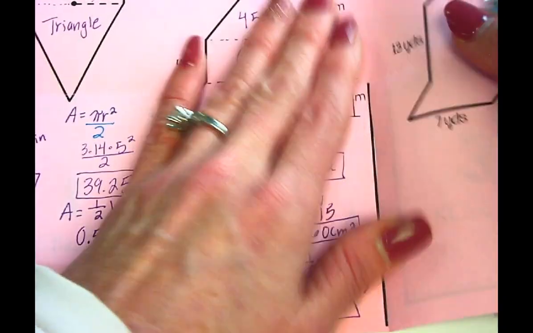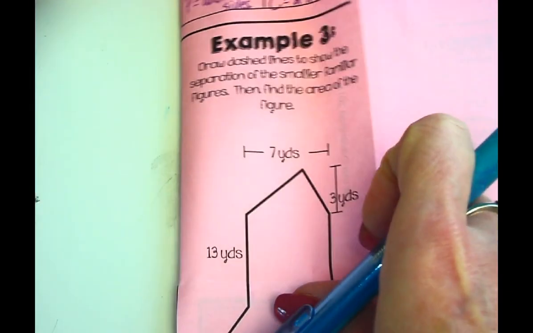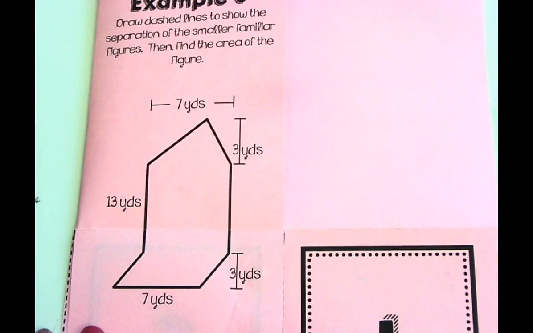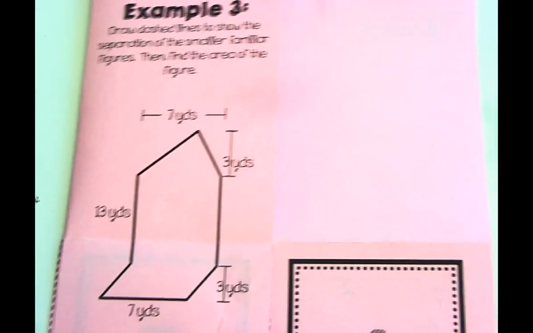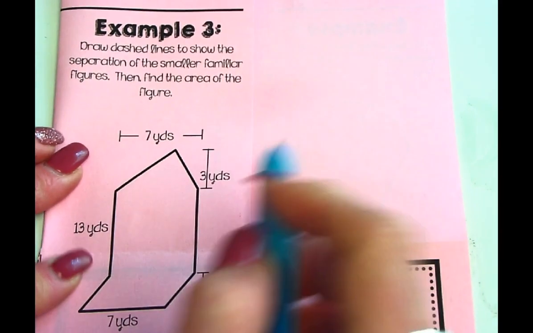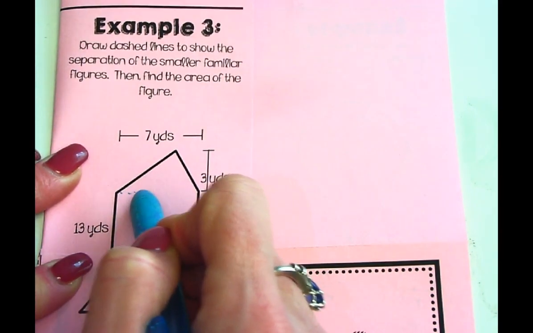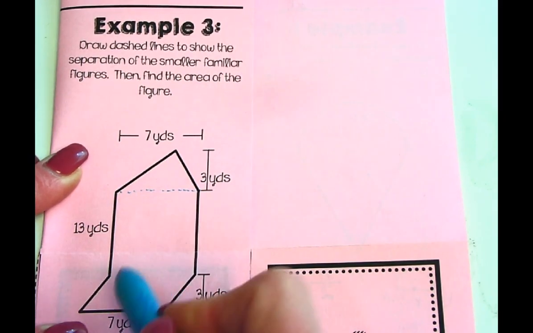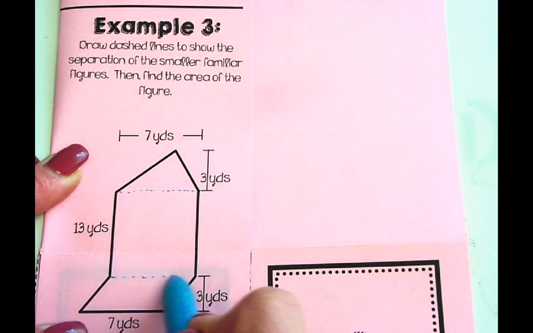Example number 3. I'm going to fold my paper over a little bit. So now, what do we see? What do you guys see there? Julia? A weird-looking triangle, a scalene triangle. Okay, down here at the bottom.